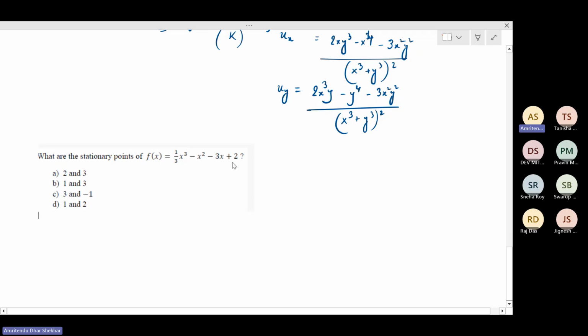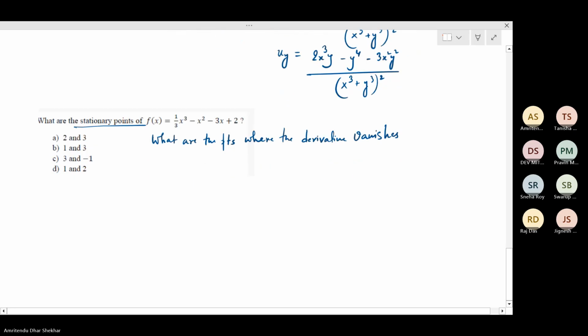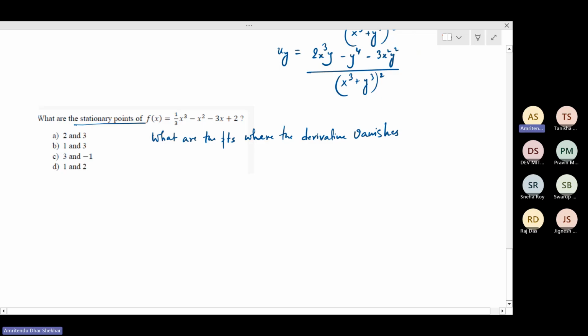So the stationary points of function f(x) basically ask you to find out what are the points where the derivative vanishes. So the set of points where the derivative of a function vanishes.